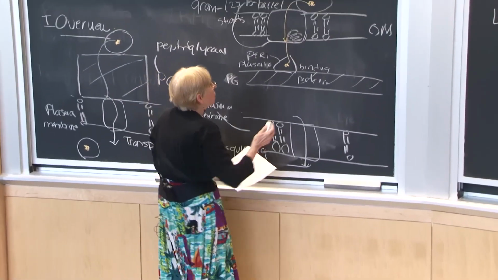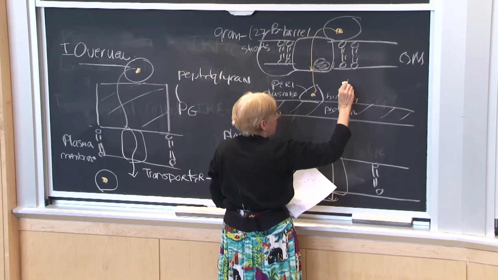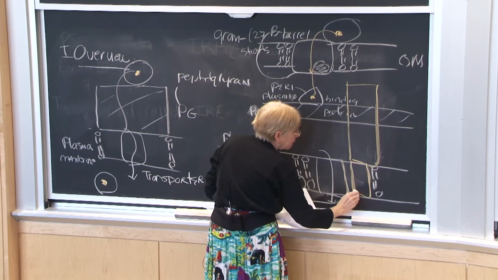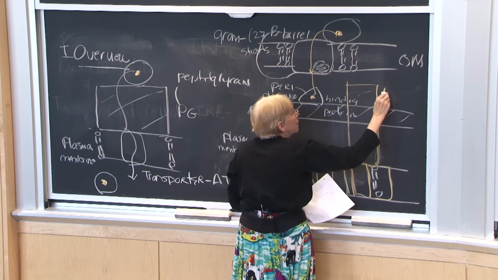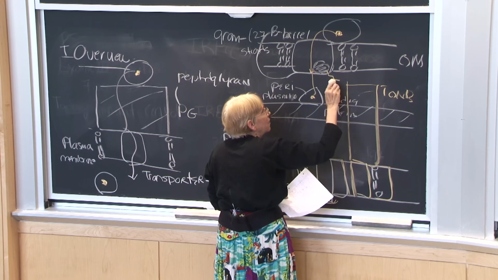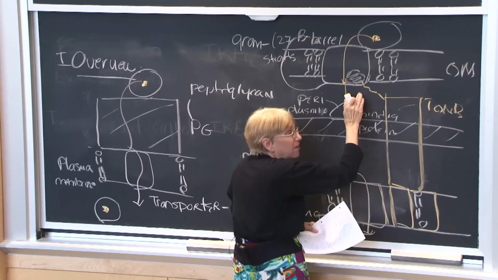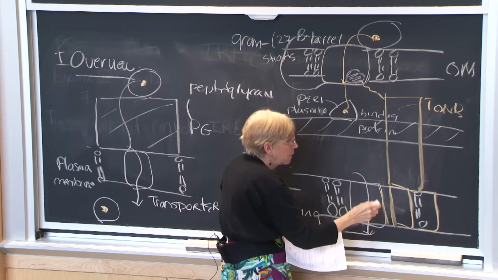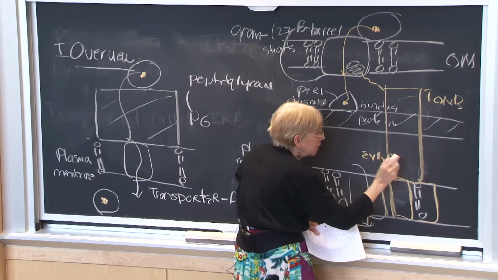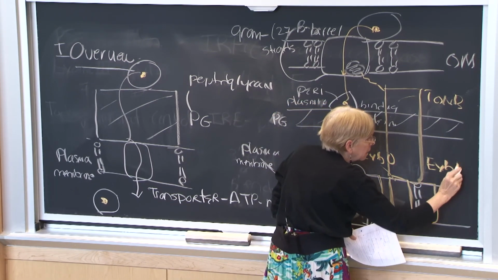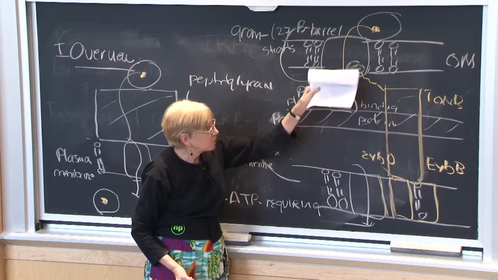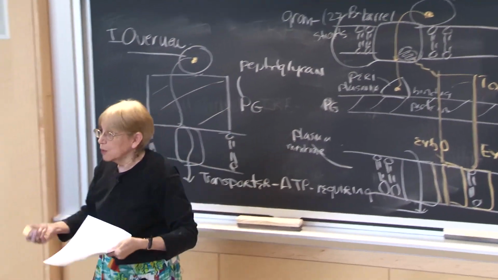So in all of these, one has, okay, TonB. So this is TonB, and TonB can recognize part of the beta barrel, so it interacts with the beta barrel protein, and this is ExbD and ExbB, and again, you generate a proton motive force which allows the siderophore to get into the cell.